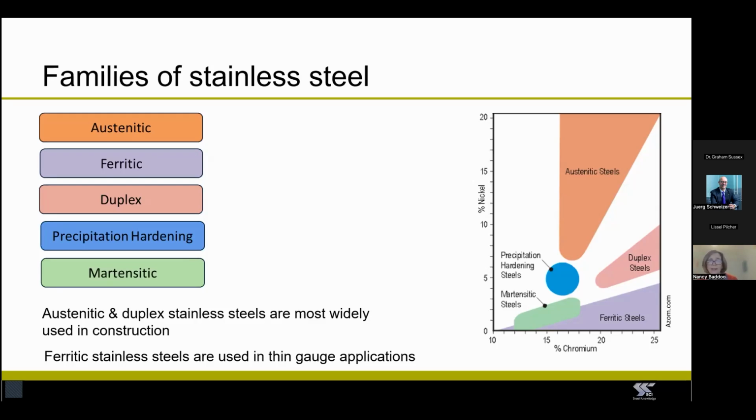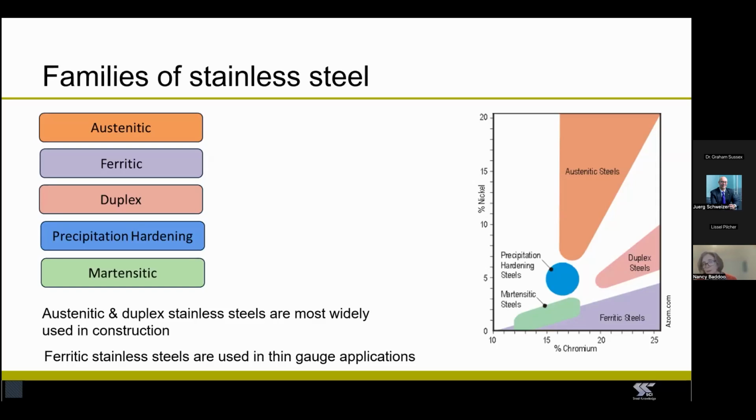The austenitic stainless steels are ductile and reasonably strong. They can be readily formed and welded. Your kitchen sinks will probably be austenitic stainless steel, and higher strengths can be obtained by cold working. The duplex family of stainless steels have a mixed austenitic and ferritic microstructure.